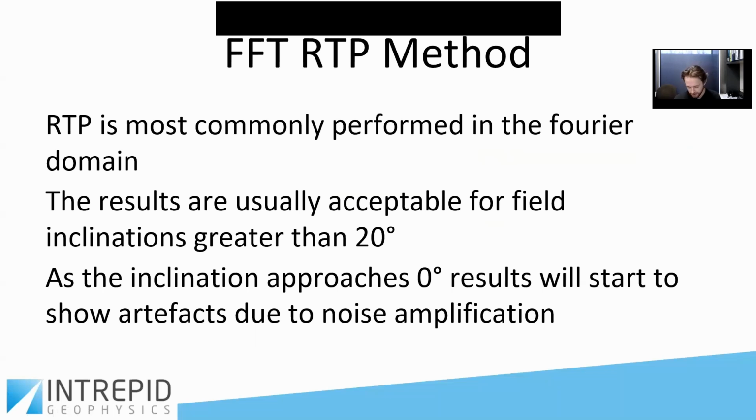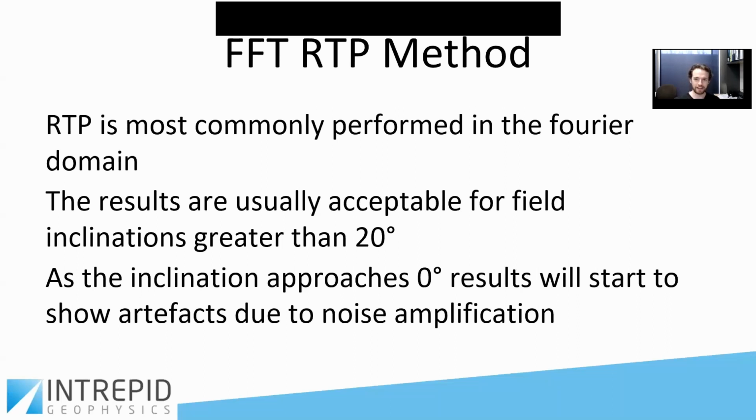So, generally speaking, the easiest way to do this would be using a Fourier transform method, and that's what Intrepid has been doing mostly for a while. And this is perfectly okay, as long as the inclination isn't too low. When the inclination gets closer to 0, you start to get large streaking artifacts in your output result grid.